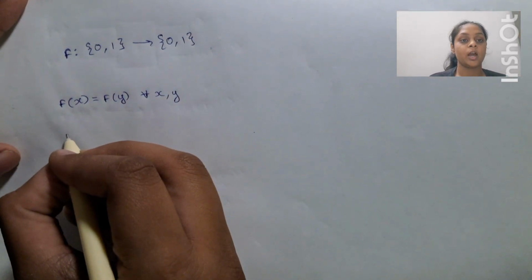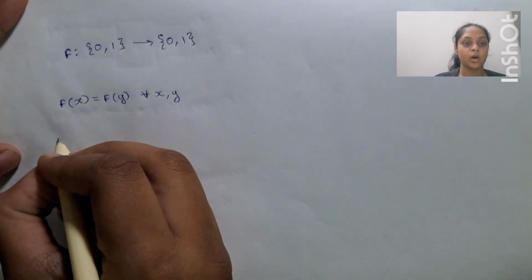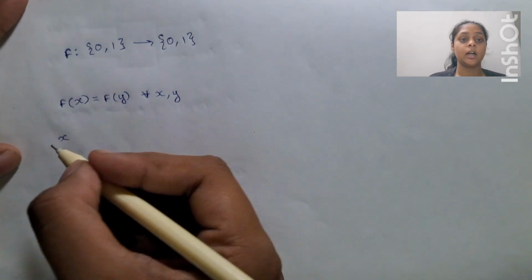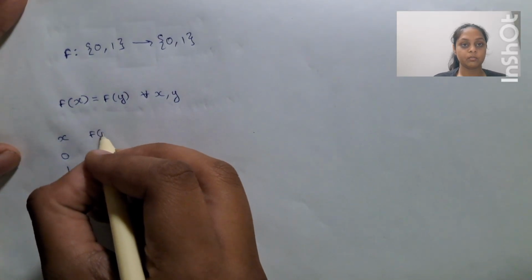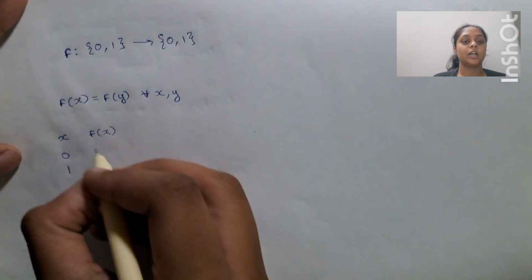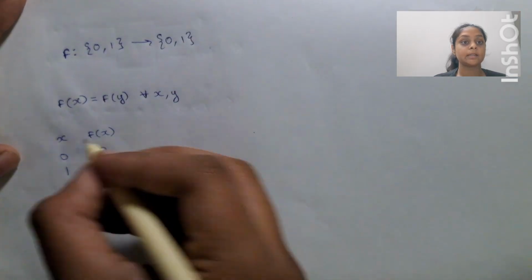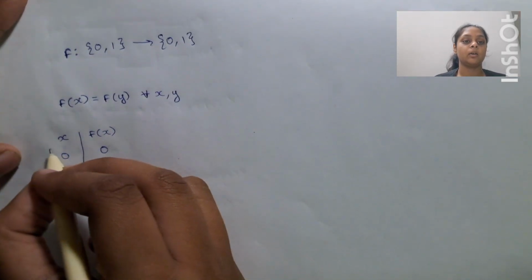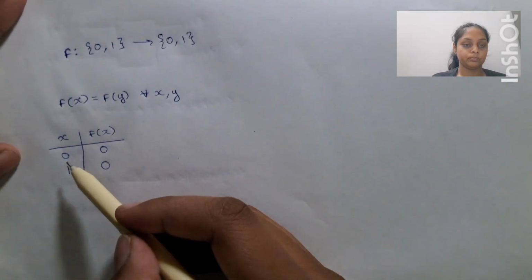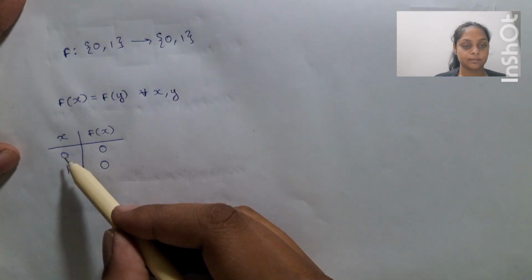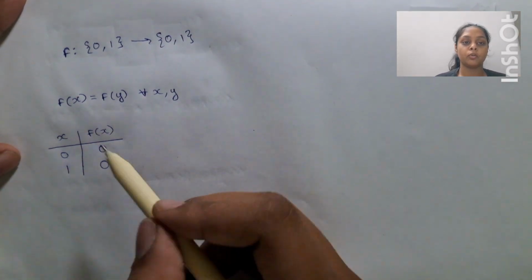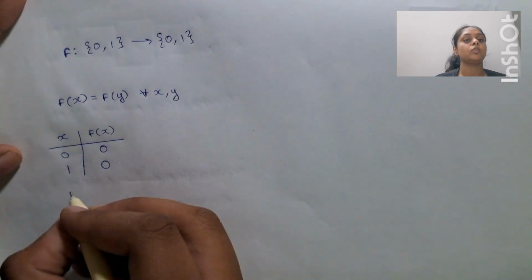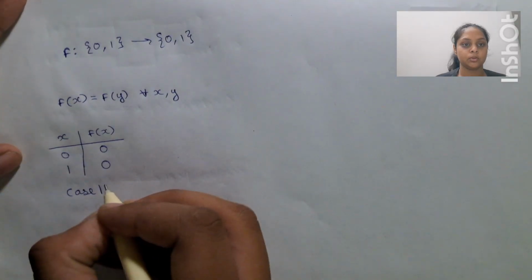Let us see this with the help of a truth table. Let us put the values of x as 0 and 1 and f(x) as 0, 0. Here we can see that regardless of the input, the output is always 0. This case is called constant. Let us assume this as case 1.